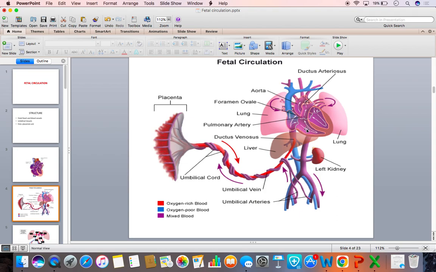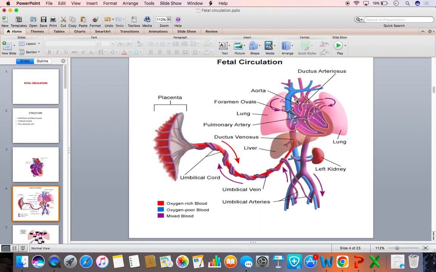Well, coming to the right ventricular output, it is around the 55% of the total ventricular output. Out of this 55% of the right ventricular output, only 5% is ejected into the pulmonary circulation because lungs are immature. The pulmonary vascular resistance is very high, much higher than the systemic vascular resistance.